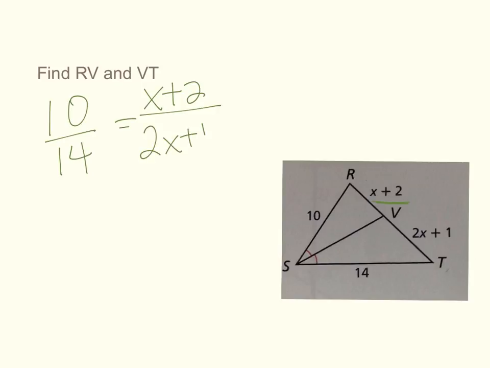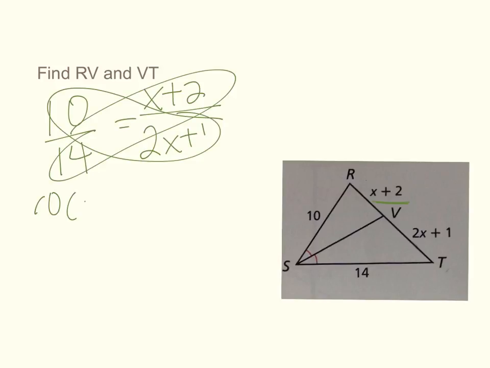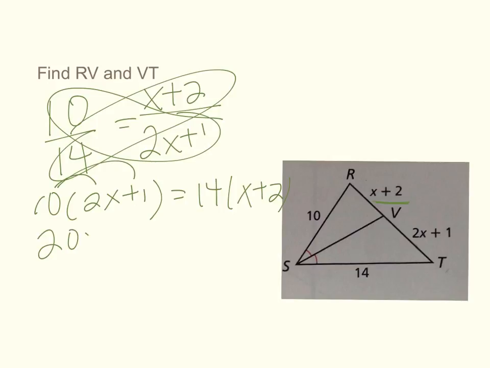plus 1. And then remember how we are going to solve this. So 10 times 2x plus 1 equals 14 times x plus 2. Then you have to distribute. So I get 20x plus 10 equals 14x plus 28.